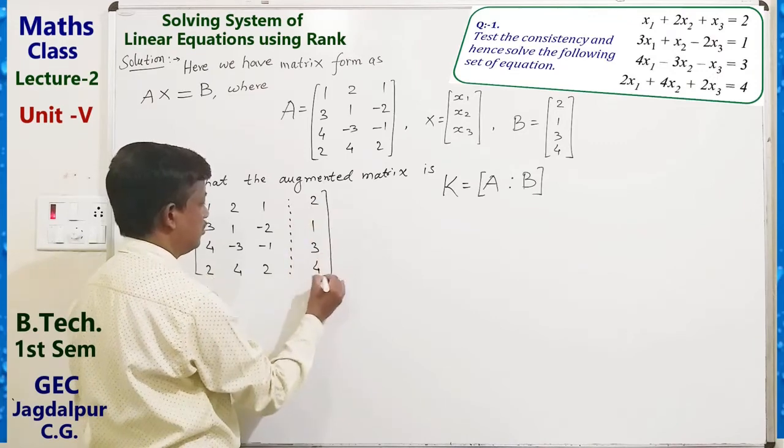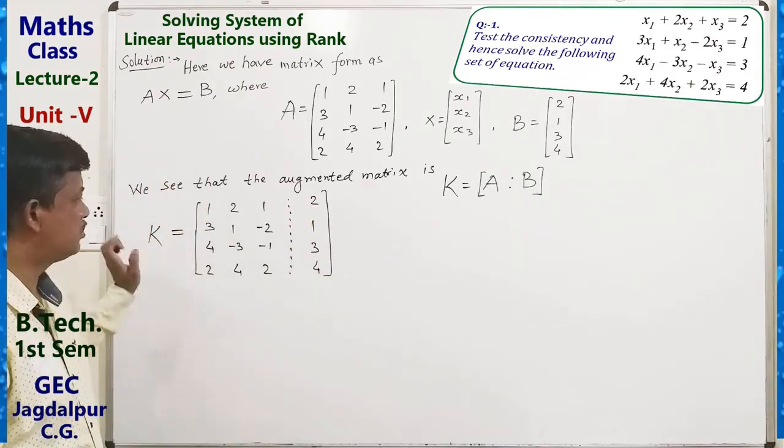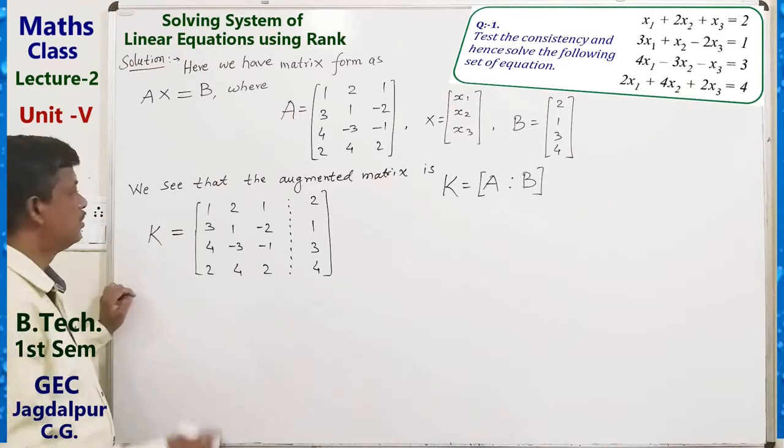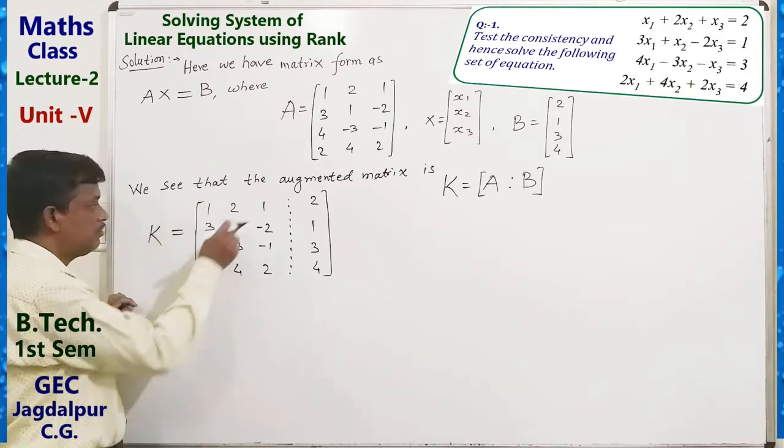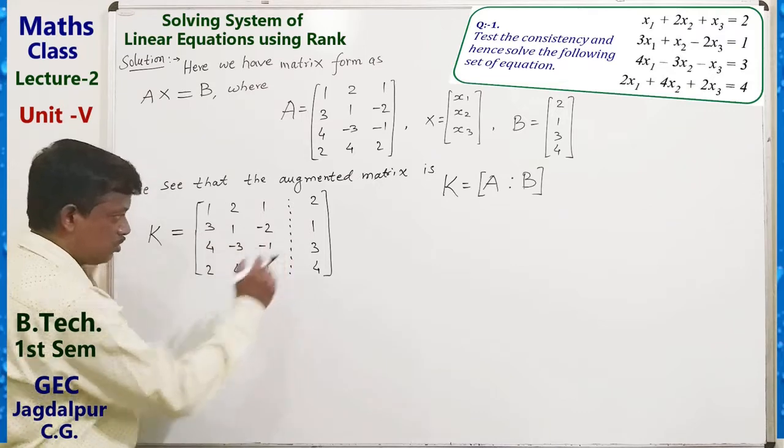This is the augmented matrix. Now from this augmented matrix we can find the rank of A and K. Here A means this part, K means total.